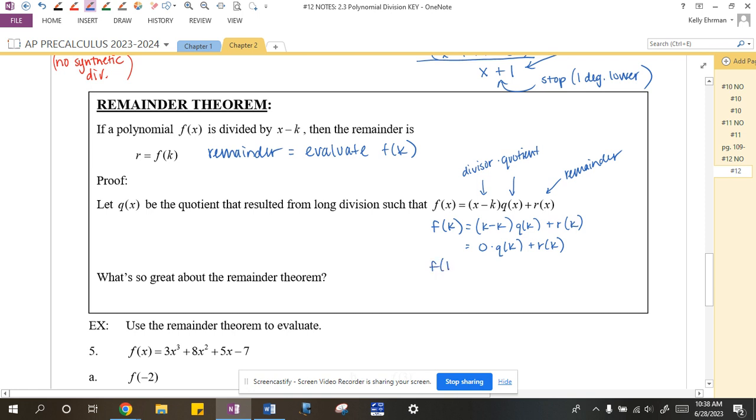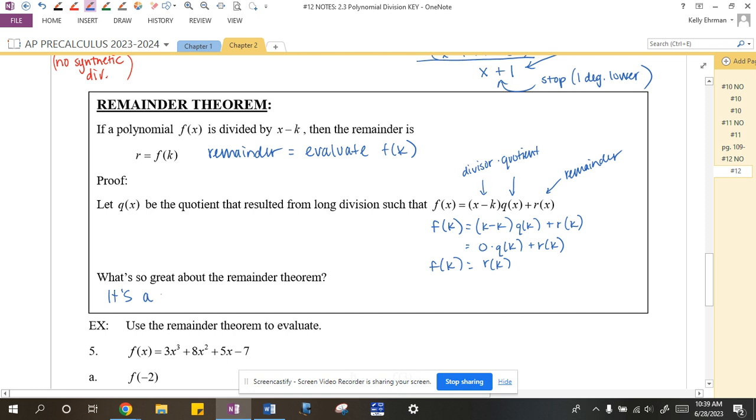So f of k is going to equal r of k. And r of k is just going to be some sort of number because you're plugging a number into an expression.